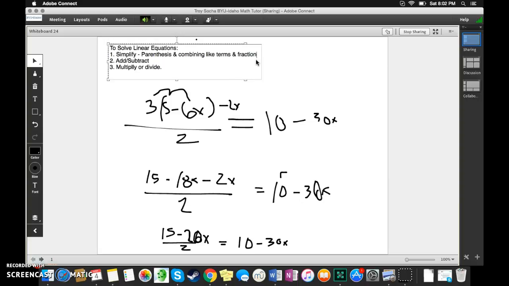We did parentheses and combining like terms with the 18 and the 2, and that gave us 20, but now we've got a fraction. So to get rid of that, we're going to multiply both sides by 2.